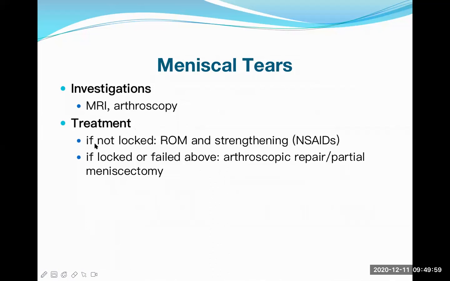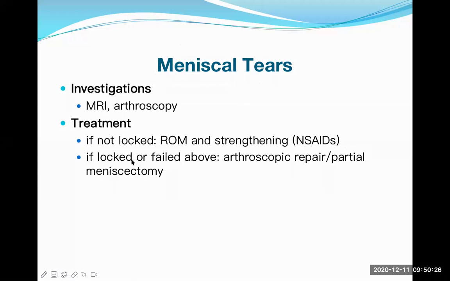Now, treatment is according to the situation. For example, if the knee joint is not locked, then range of motion and strengthening is preferred. It means we actively want our patient to move the knee joint. That is called range of motion or movement, and strengthening exercise. Along with that, NSAID therapy is given because that's a painful condition.